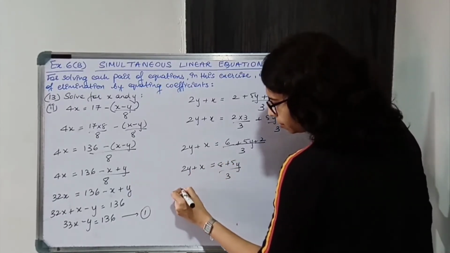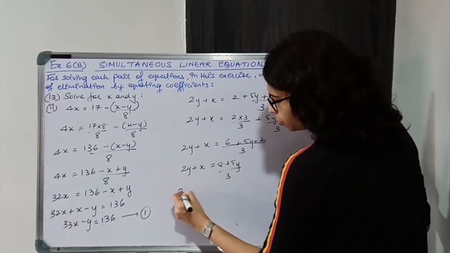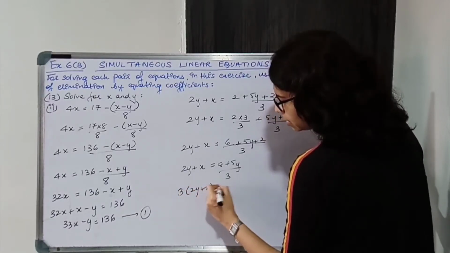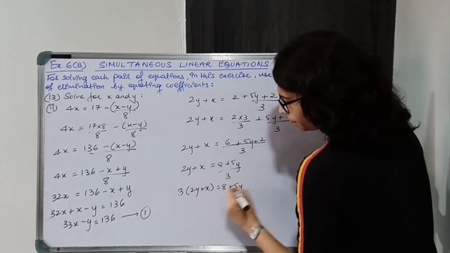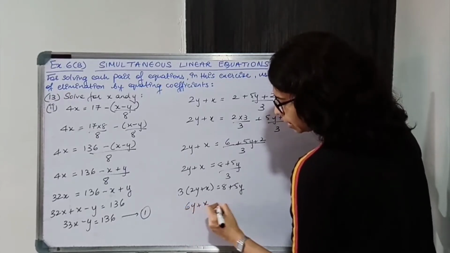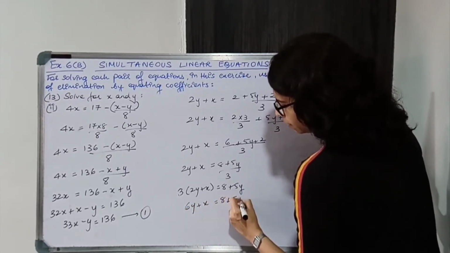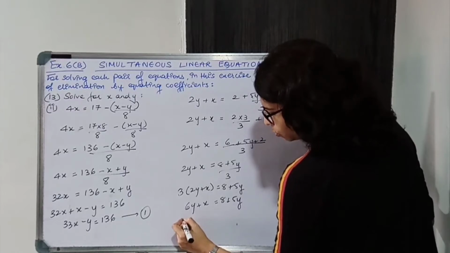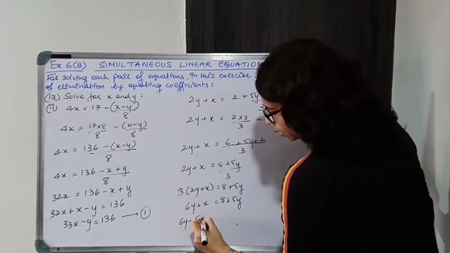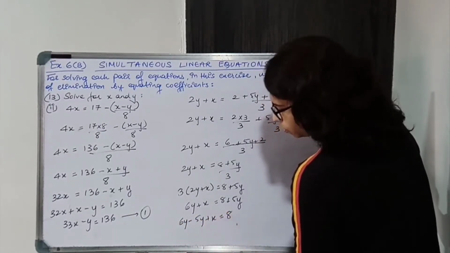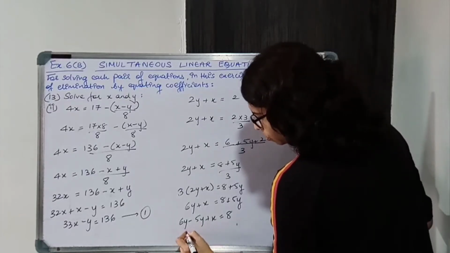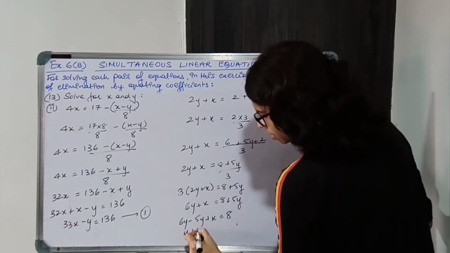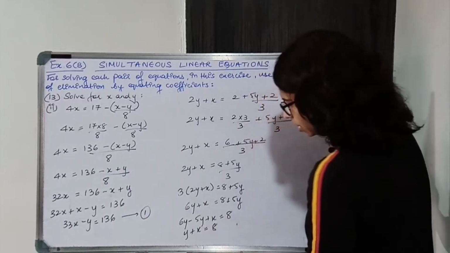Shifting 3 over here, 3 into 2y plus x is equal to 8 plus 5y. So 6y plus x is equal to 8 plus 5y. So 6y minus 5y plus x is equal to 8. So we'll get y plus x is equal to 8.